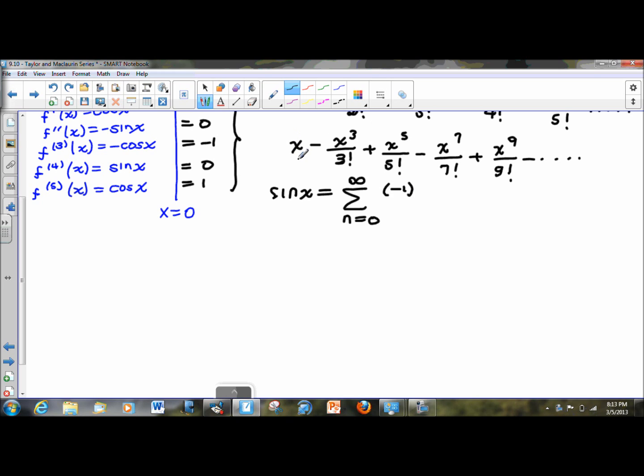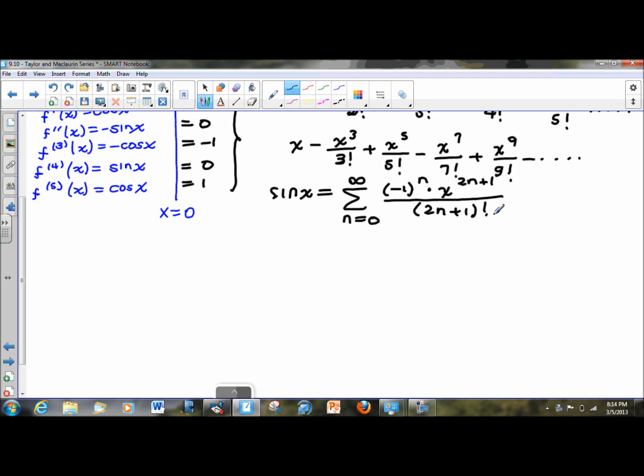And seeing as how our first term, when n equals 0, is a positive, it seems logical that we would put an n for the exponent of -1. And of course, we'd have an x that follows close behind with an odd exponent, 1, 3, 5, 7. The universal way to say that odd value would be a 2n plus 1, of course. And then the denominator will also be a 2n plus 1 because of the fact it would match the exponent.